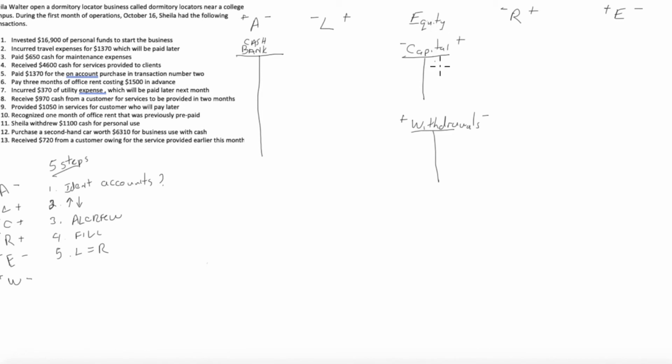So it went up, up, sorry. $16,900. And their asset also went up, right? Because it went into the company. She spent her own capital, right? And then is left side equal right side? Left side equals right side.